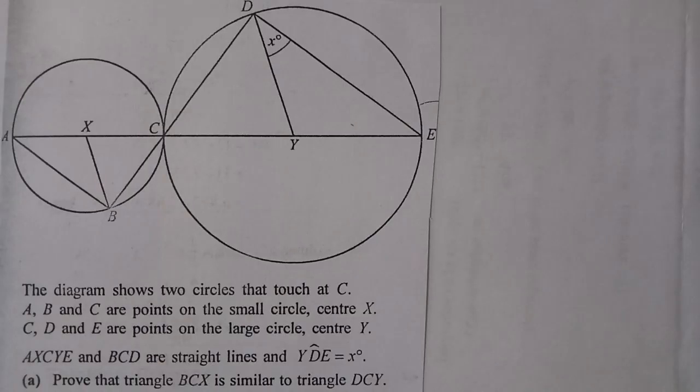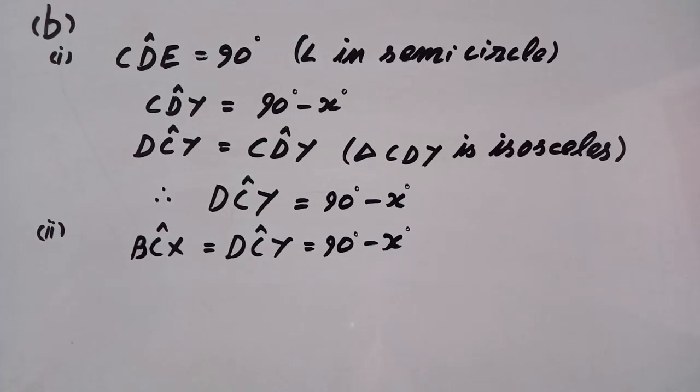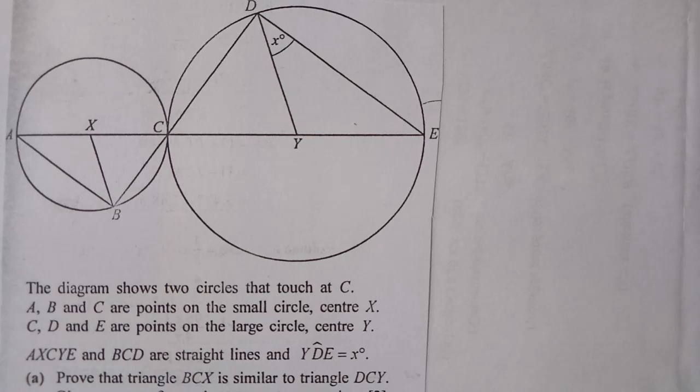In this second part, we have to find out angle BXA. Here in the figure, angle BCX is equal to the angle DCY, equal to 90 minus x. You know, the triangle BCX is an isosceles triangle, so the angle at point B, the angle CBX, is equal to the angle at point C, the angle BCX.